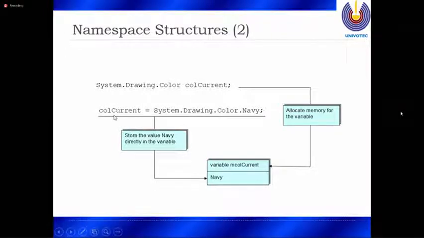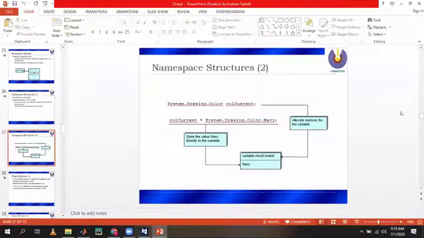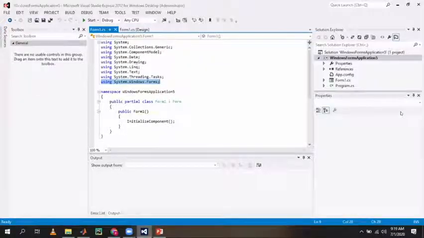Then System.Drawing.Color.Navy. If you already define System.Drawing here, you can avoid it, it is not necessary. I can put that on the button to set the back color.